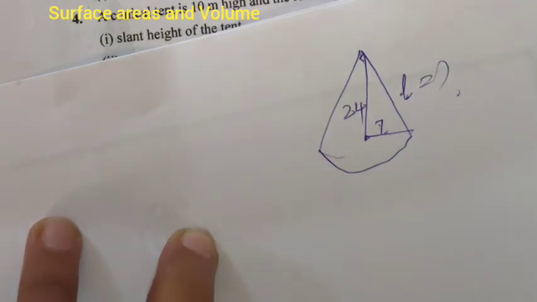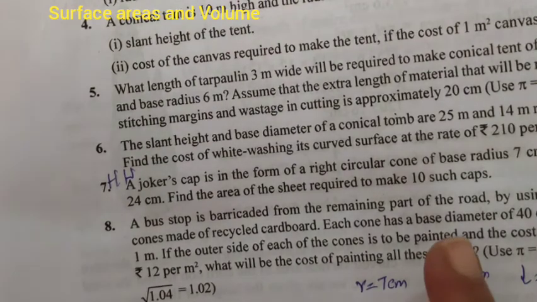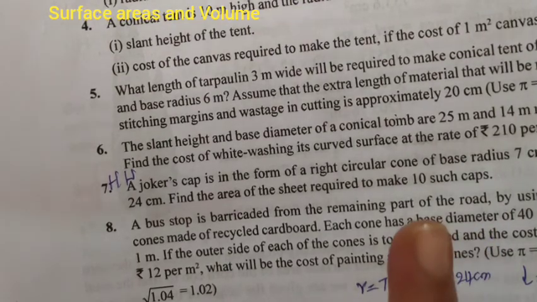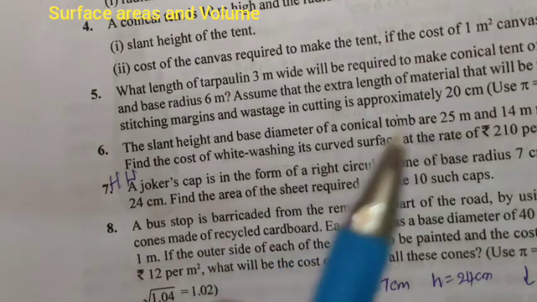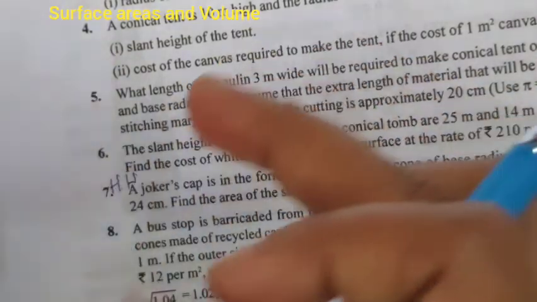So after finding this l, for making 10 such caps, first find the area of one cap. What is the area of that joker's cap? The area of that joker's cap is nothing but the cone area, so the curved surface area of the cone.